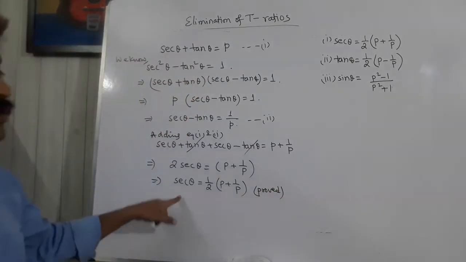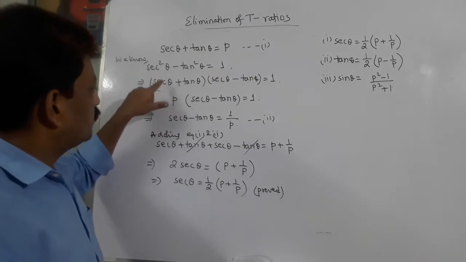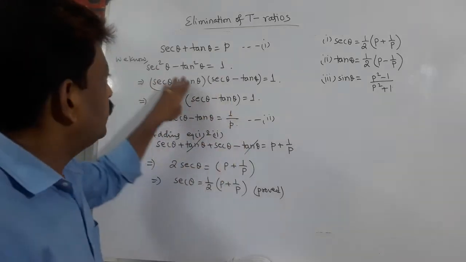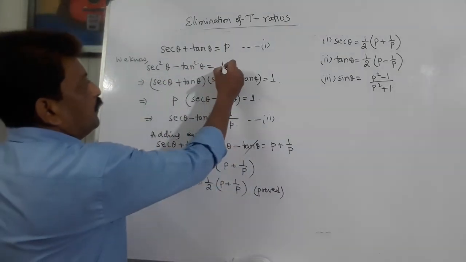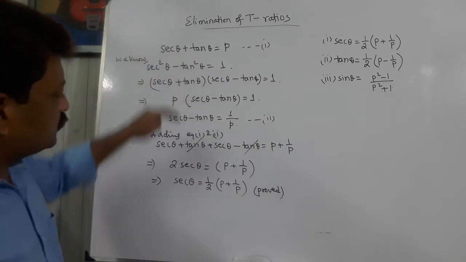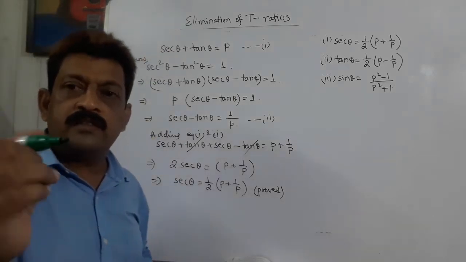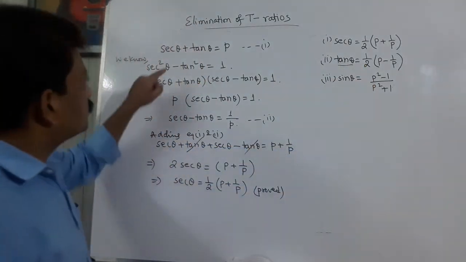Understood? The sum was very easy. Sec theta plus tan theta is given, and we have calculated the value of sec theta minus tan theta using the identity sec square theta minus tan square theta equals 1. And then adding these two equations, we have got the value of sec theta. Now you can easily guess how to find the value of tan theta using these two.